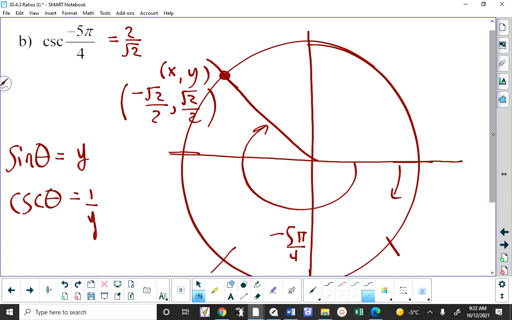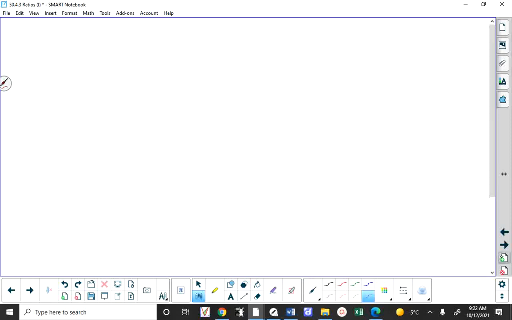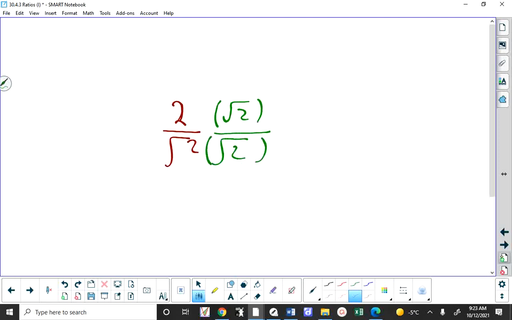Now, if you wanted to, we said 2 over root 2, correct? I could multiply the top and the bottom of this by root 2 to rationalize this and get 2 root 2 over, this bottom part is root 2 times root 2, which is 2.